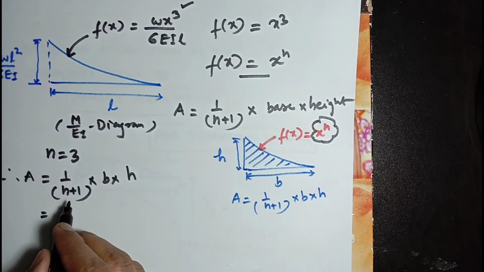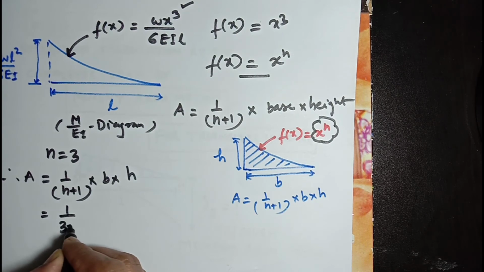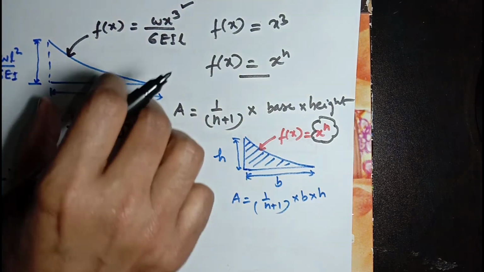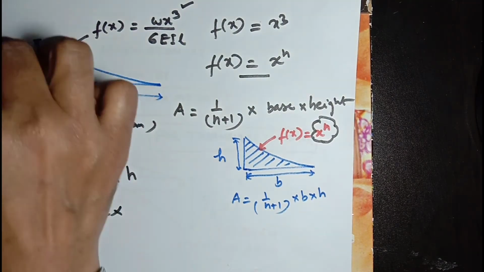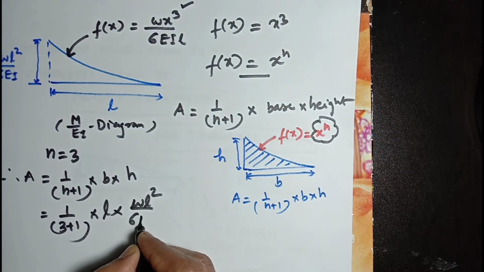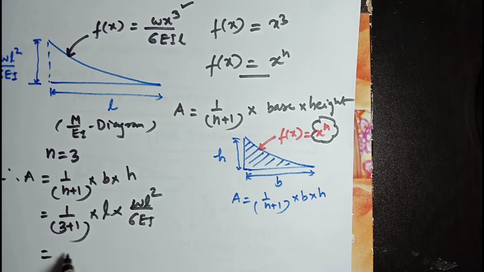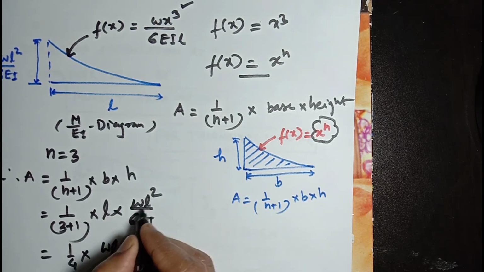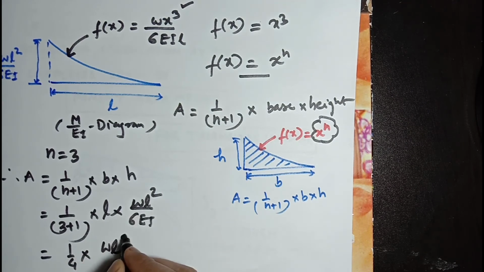Putting n equal to 3, we will find 3 plus 1, multiplying base L and height wL square divided by 6EI. So 1 by 4 multiplying wL, L multiplying with L square will be L cube, divided by 6EI.